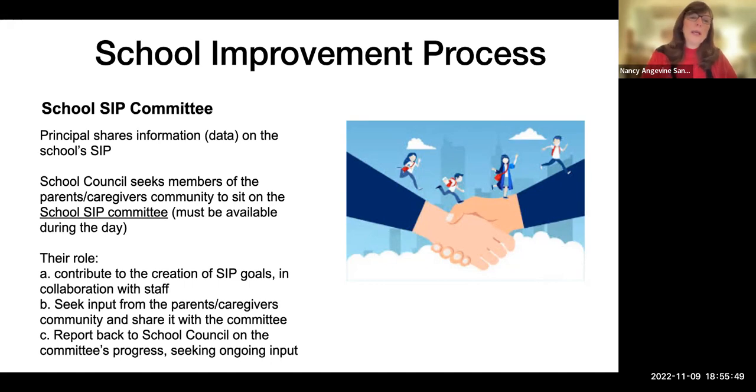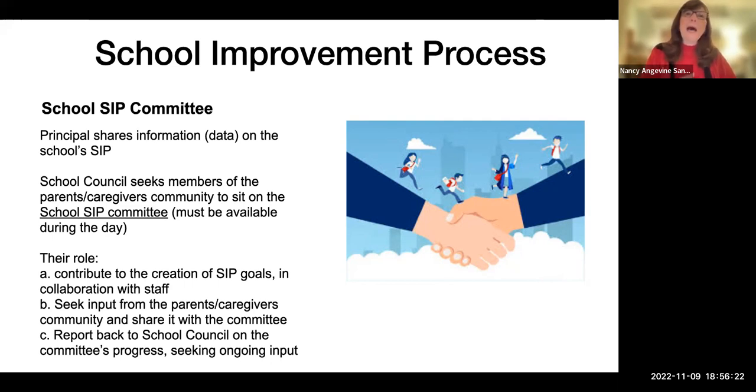Their role is to contribute to the creation of the SIP goals in collaboration with the school staff, to seek input from the parent and caregiver community and share that input or data with the committee, and to report back to the school council on the committee's progress, seeking ongoing input from the school council and from any parents and caregivers who are there.